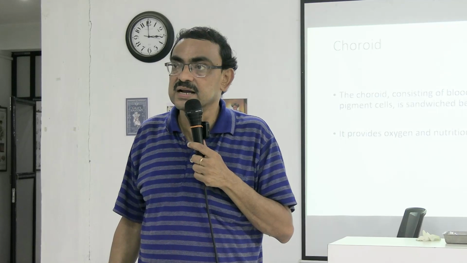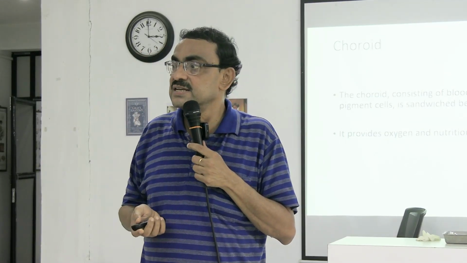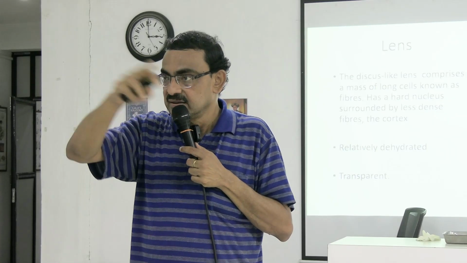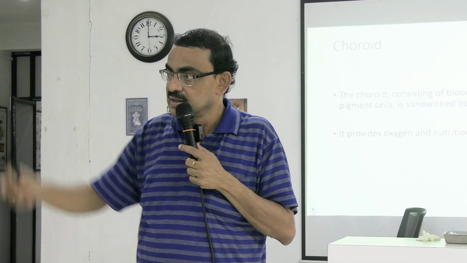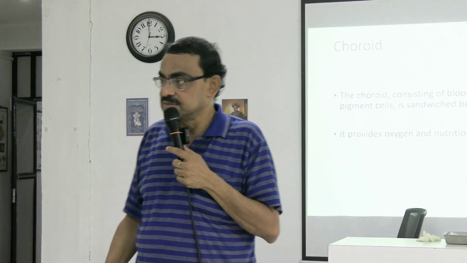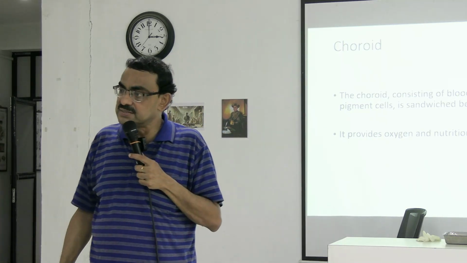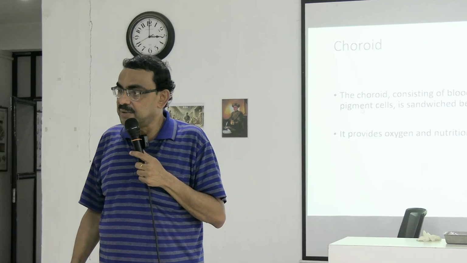The blood vessels are coming from the anterior and posterior ciliary arteries. They are entering and form a meshwork of blood vessels within this layer. So within the choroid we can find the pigment cells, and we can get the blood vessels.